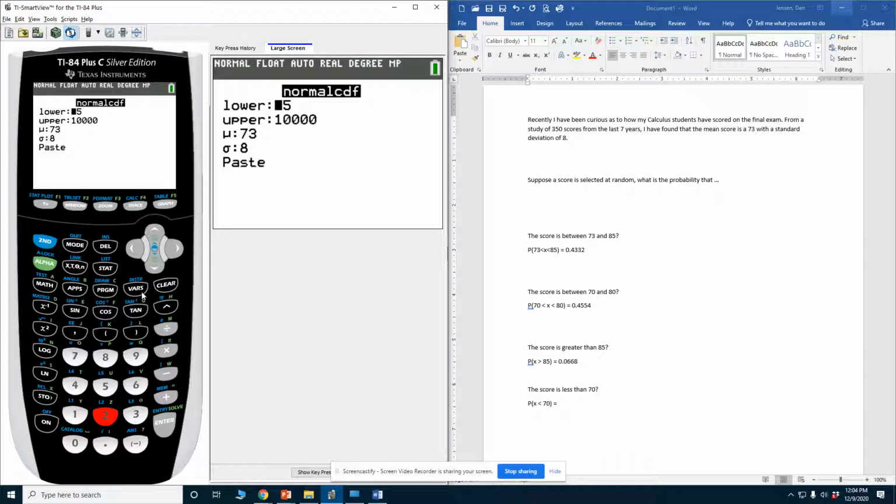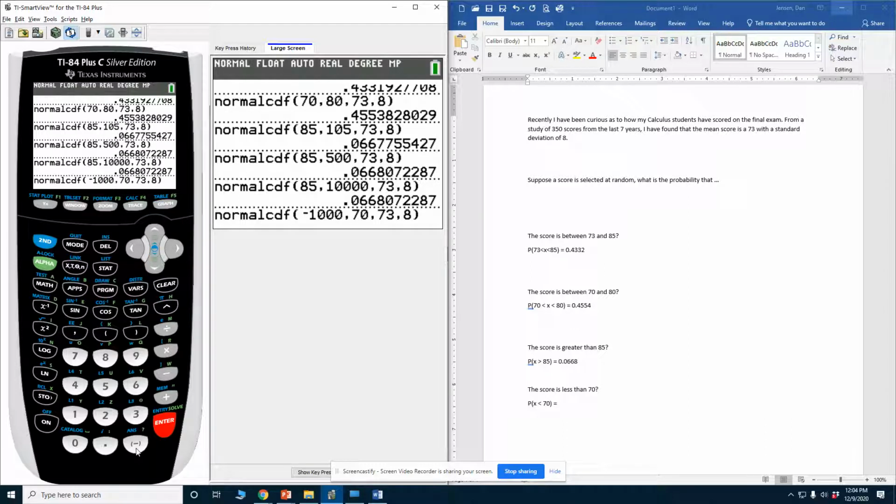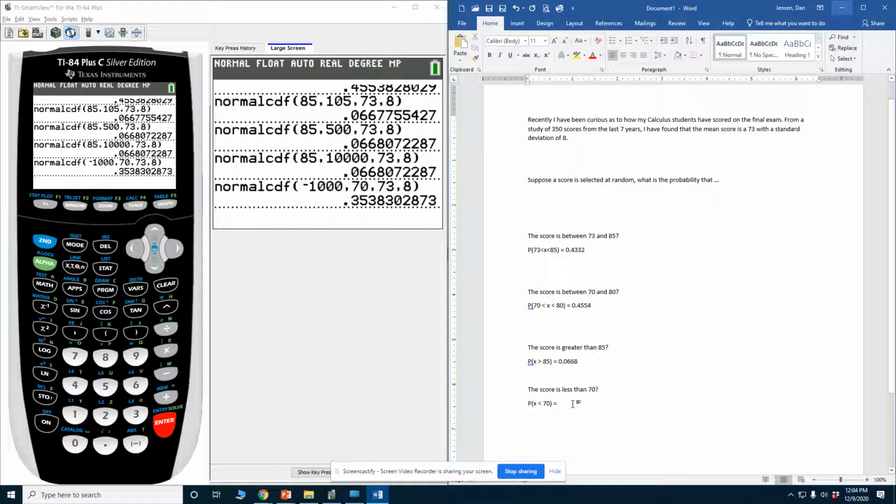Let's make my lower end a negative, using the negative button, not the minus, 1,000. And then the upper end, we're going from negative infinity, right, from negative 1,000 up to 70 with a mean of 73 and a standard deviation of 8. We select paste. And so the probability that the score is less than 70 is 0.3538.